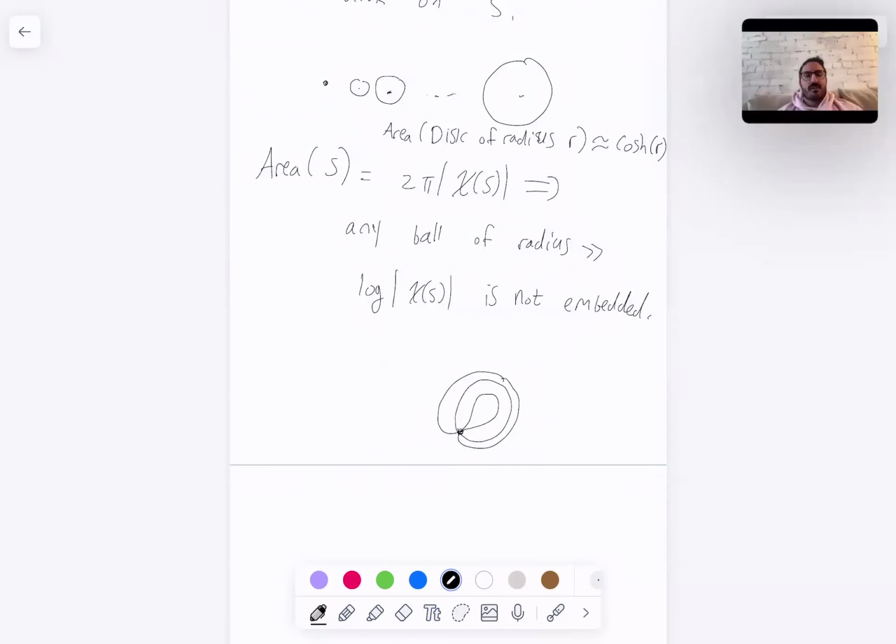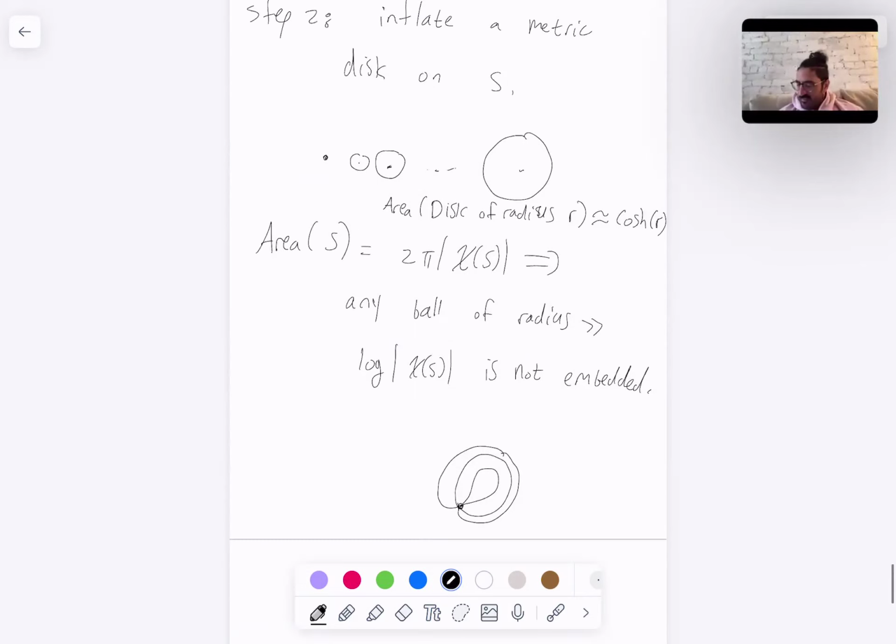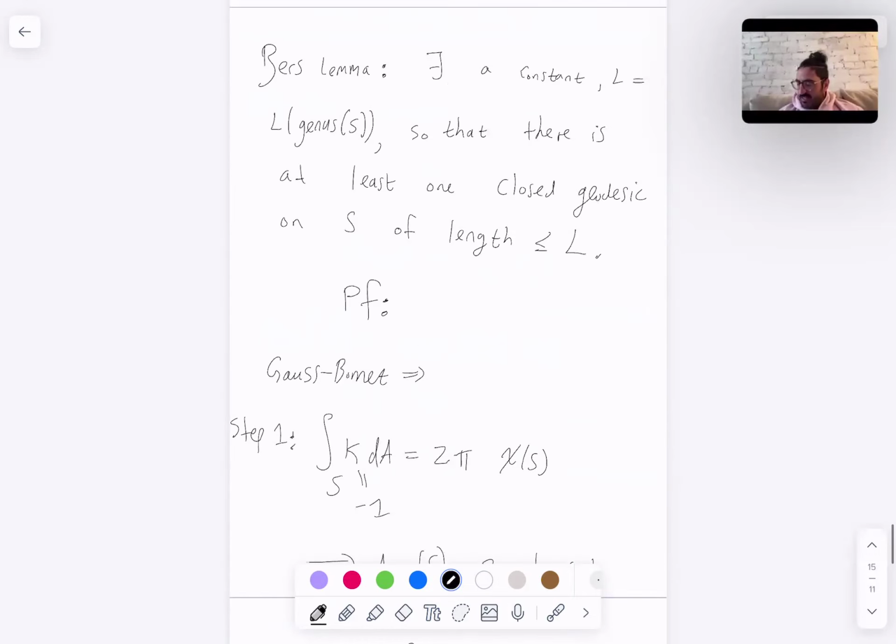That geodesic representative will have length at most the length of this loop, which is at most the diameter of this ball. So that's the very rough outline of how to prove the Bers lemma. I'm being vague here, I'm not being as formal as possible, but that's okay. We're just speaking here.